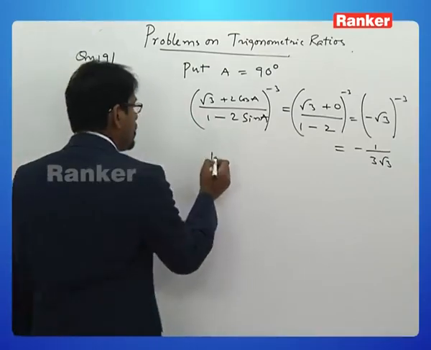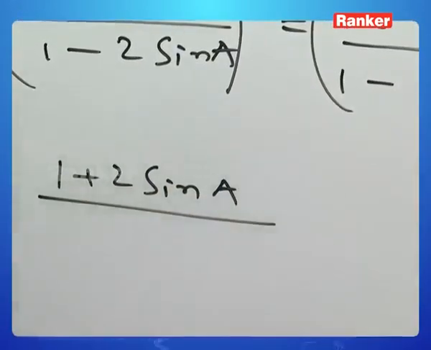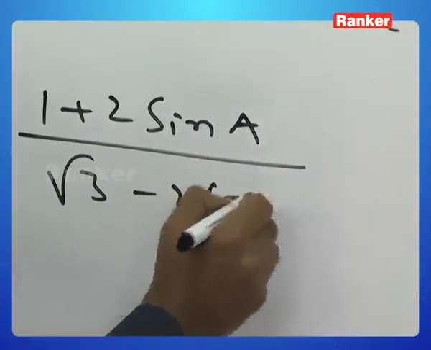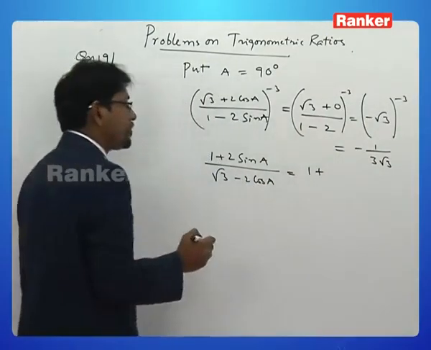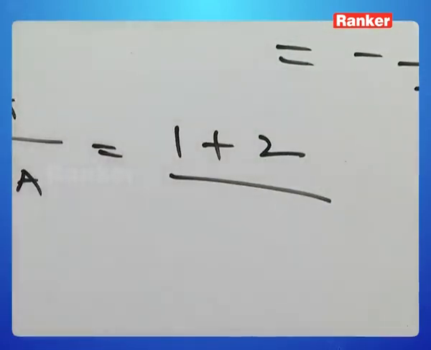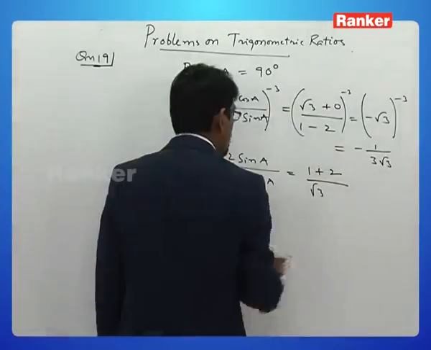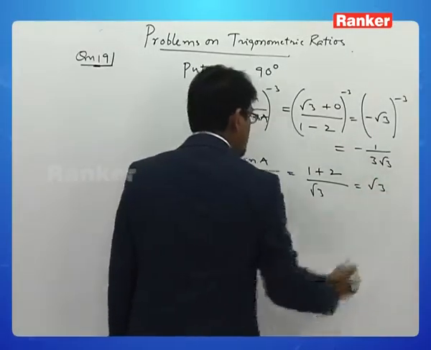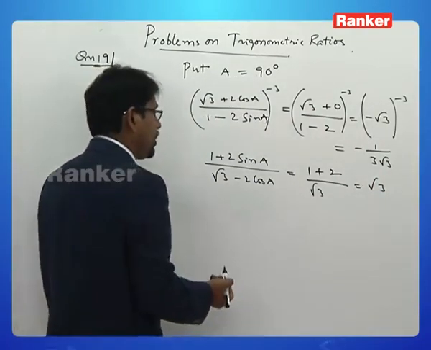Now let's move on to the next expression. 1 plus 2 sin A divided by root 3 minus 2 cos A. With A as 90, sin A is 1, so 1 plus 2 is 3, and the denominator is root 3. So this will be root 3 here.